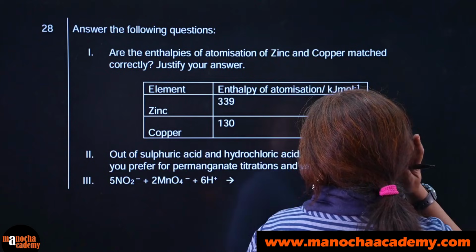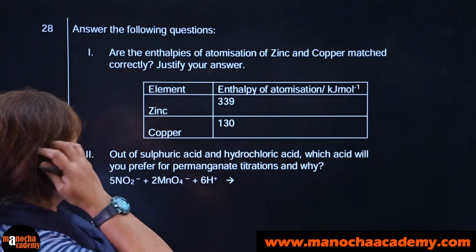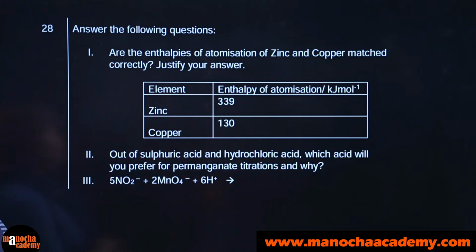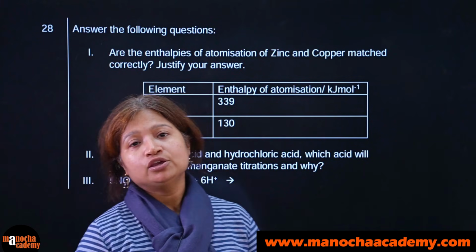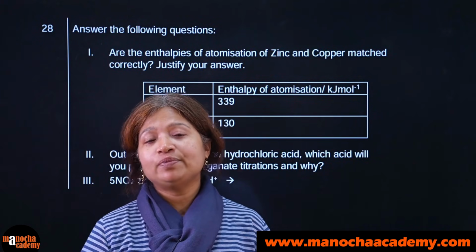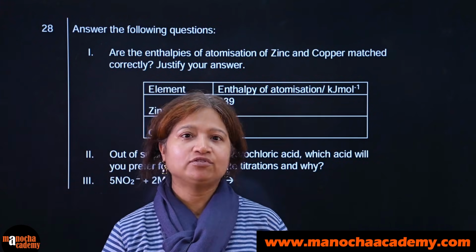Okay. Now we come to again a d-block question. Are the enthalpies of atomization of zinc and copper matched correctly? Now for this, let me give the introduction and you have to justify. We know that enthalpy of atomization depends upon the number of unpaired electrons.